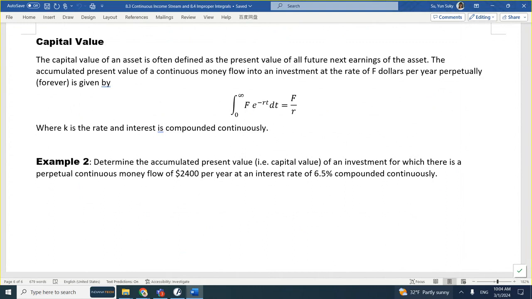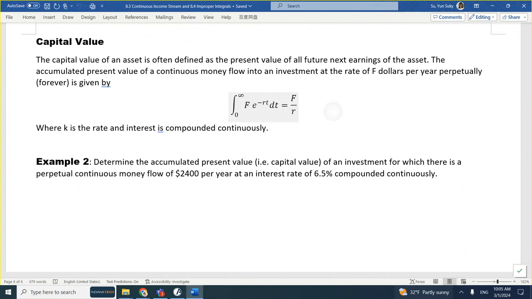The accumulated present value of a continuous money flow into an investment at the rate of $F per year, perpetually, which means forever, is given by the following. In this formula, we suppose f is a constant function. That's why you don't see f of t. So this formula is assuming your f is a constant function.